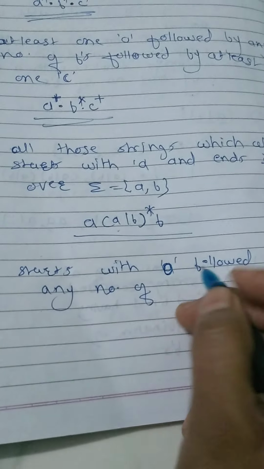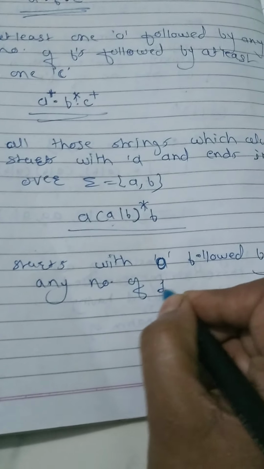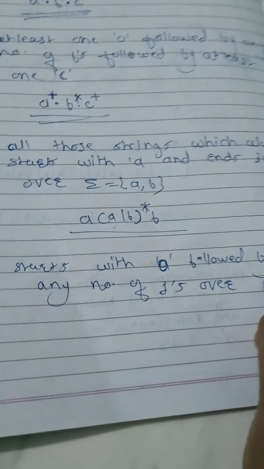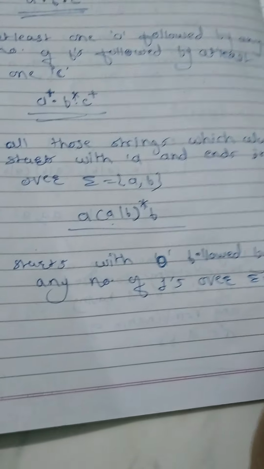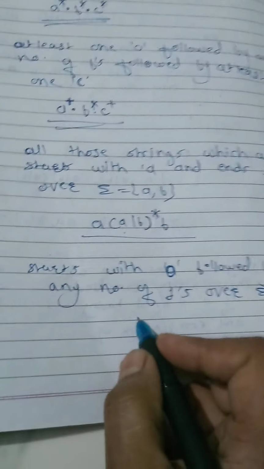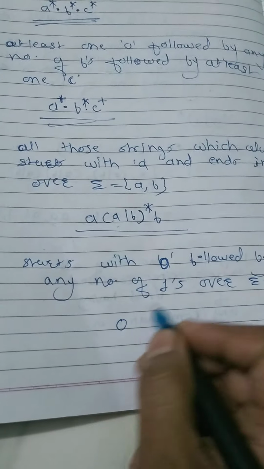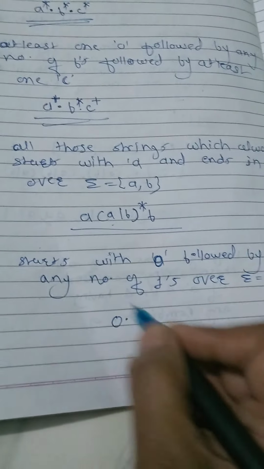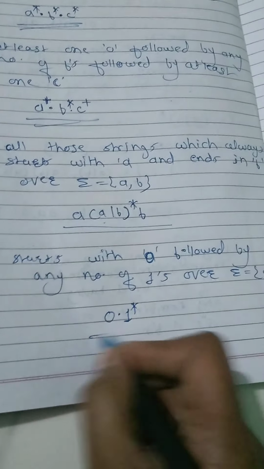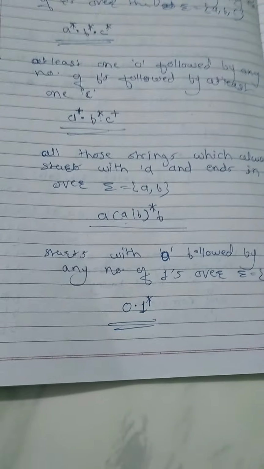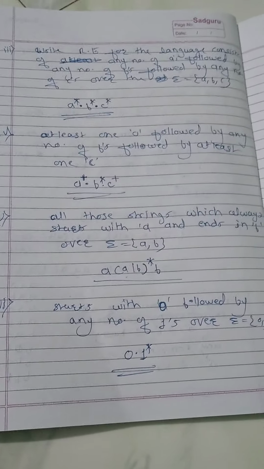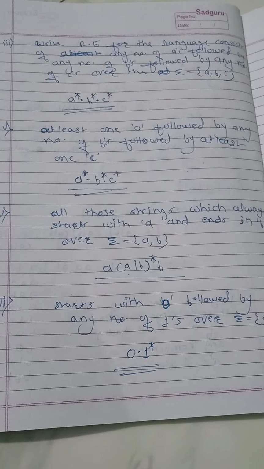Starts with 0 followed by any number of ones, over the alphabet {0, 1}. Similarly we can write it: starts with 0 means 0, followed by means dot, any number of ones means 1 star. So this way we can write down the regular expressions for the given language. Thank you all.